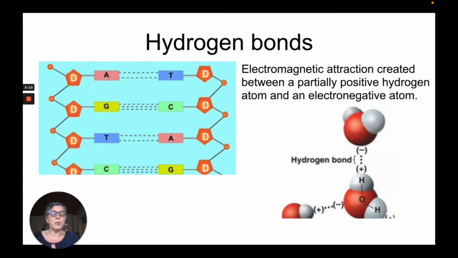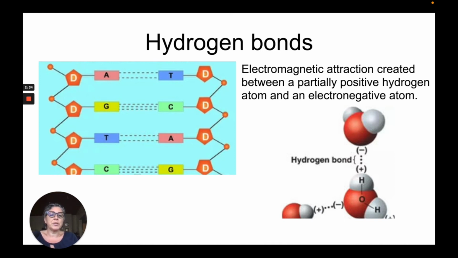So the side of the water molecule that has the hydrogens tends to be more positive, and the side of the water molecule without the hydrogens tends to be more negative. So this creates a little electromagnetic attraction. It's not a chemical bond, that's why it's called a hydrogen bond.